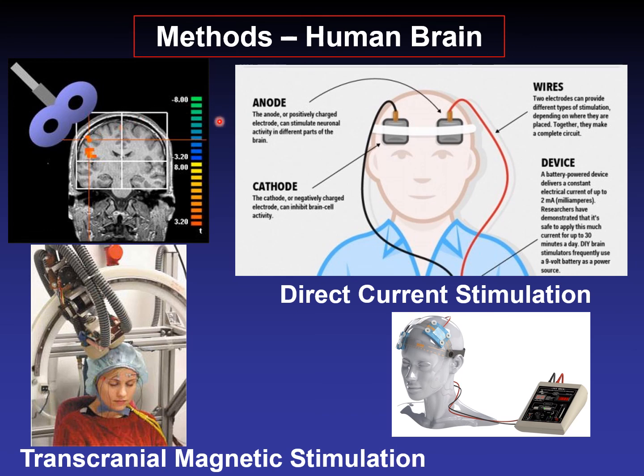Instead of passing a magnetic field through the brain tissue in order to hyperpolarize it, DCS, direct current stimulation, is going to pass an electrical current through the brain tissue in order to hyperpolarize it. Now that's for research purposes, you're looking to hyperpolarize tissue, but oftentimes in clinical settings, you're trying to excite a brain region. So for instance, it's fairly common to use TMS or DCS to stimulate parts of the brain to help alleviate depression.